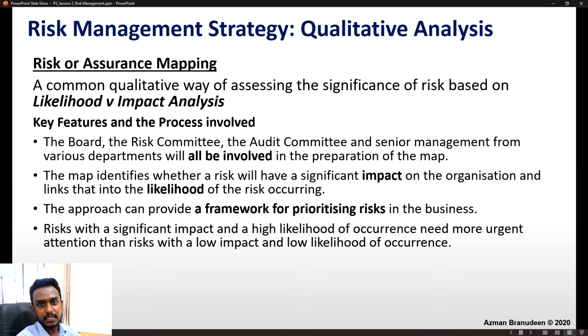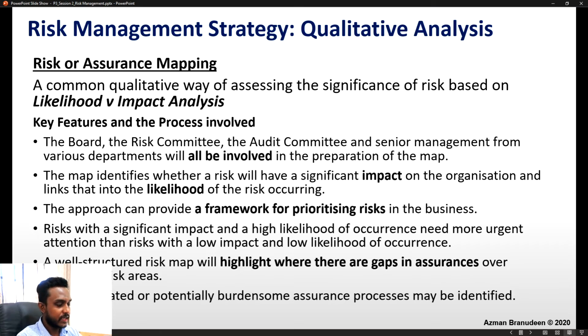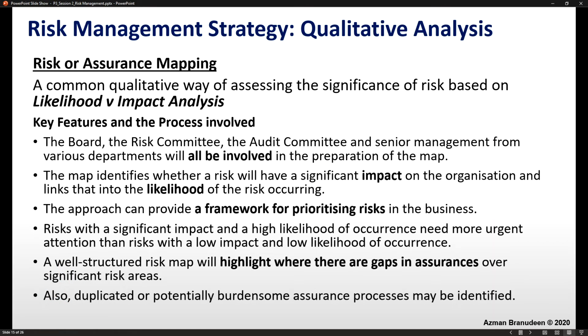So urgency can be decided based on the level of impact and the level of likelihood. A well-structured risk map will highlight where there are gaps in assurances over significant risk areas. Also, duplicated or potentially burdensome assurance processes could be identified.